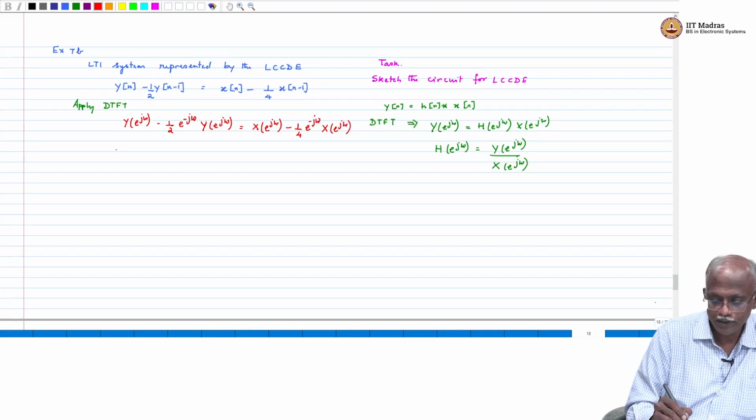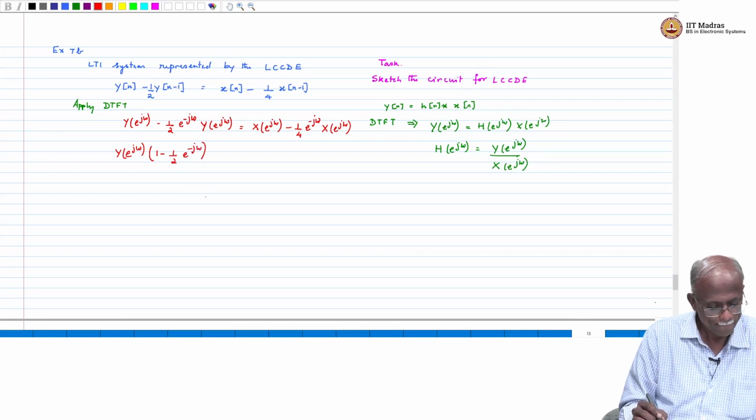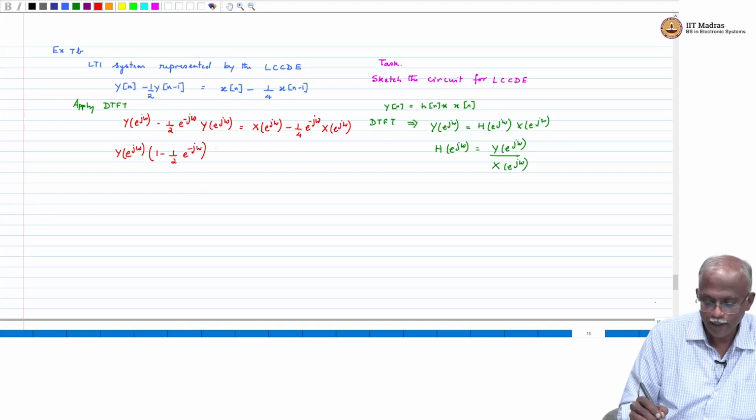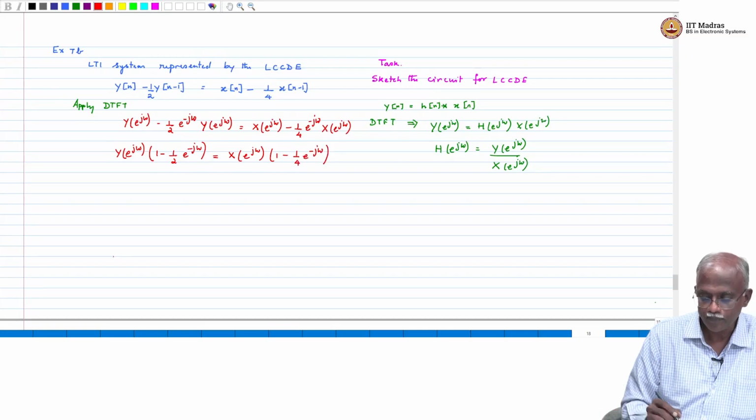Okay, group the terms, you get Y e to the j omega into 1 minus 1/2 e power minus j omega equal to X e to the j omega into 1 minus 1/4 e power minus j omega.